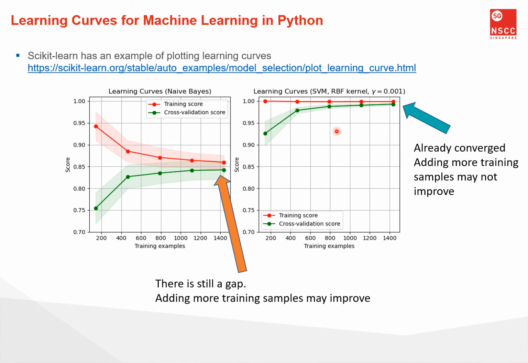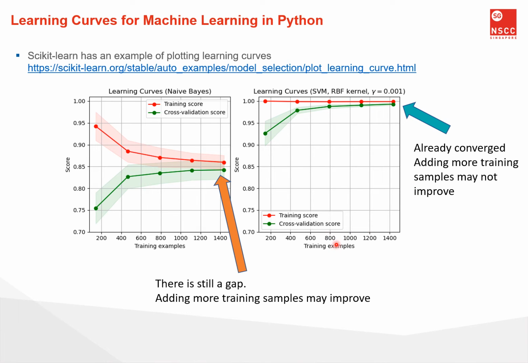And above 800, we can see that both of them have really reached a saturation point, and there's not much improvement in the performance of the model beyond 800 training samples. So this shows that it is already converged, and adding more training examples is not going to improve the situation.